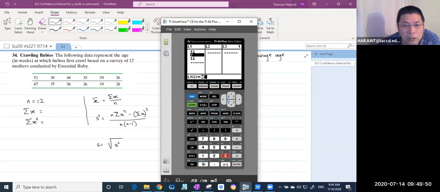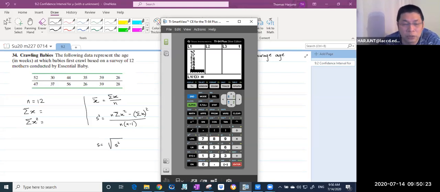The second data is 30, 44, 35, 39.6, 47, 37, 56.6, 39.8. So there are 12 data there.